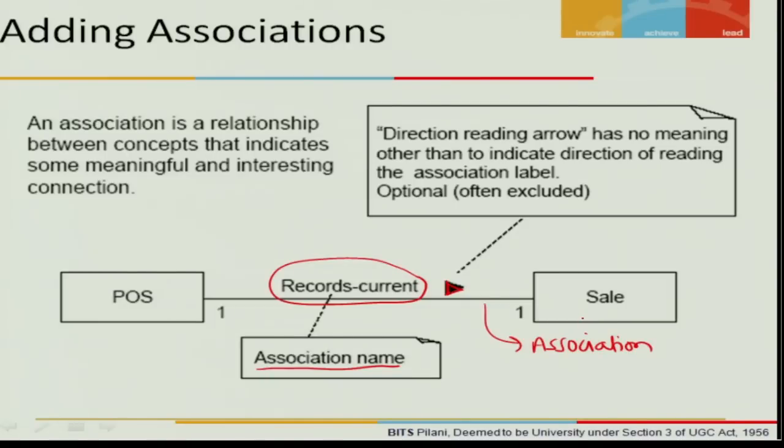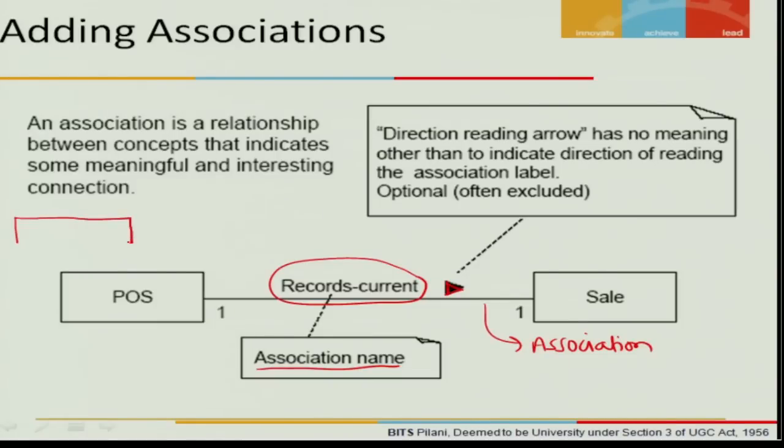Now remember one thing, even if we are putting a reading direction and saying that this relationship is from left to right, the relationship is always bidirectional. A relationship cannot be one way, it should be both ways always. Let me make it simple with one more example.